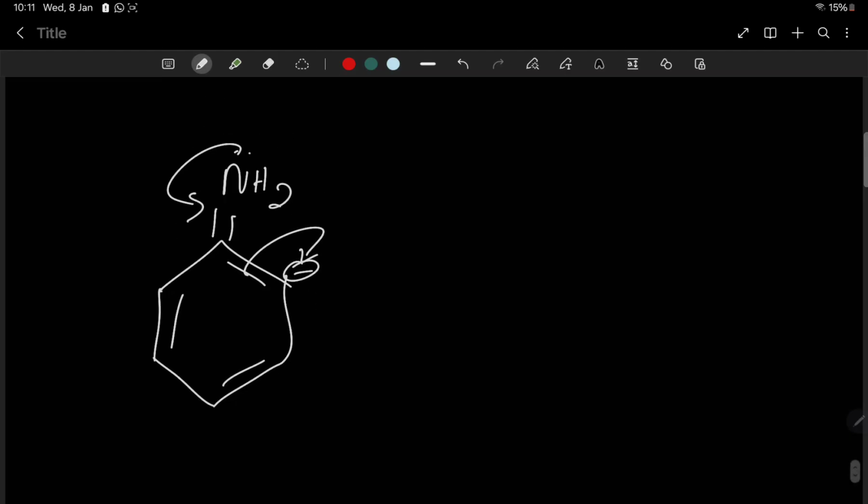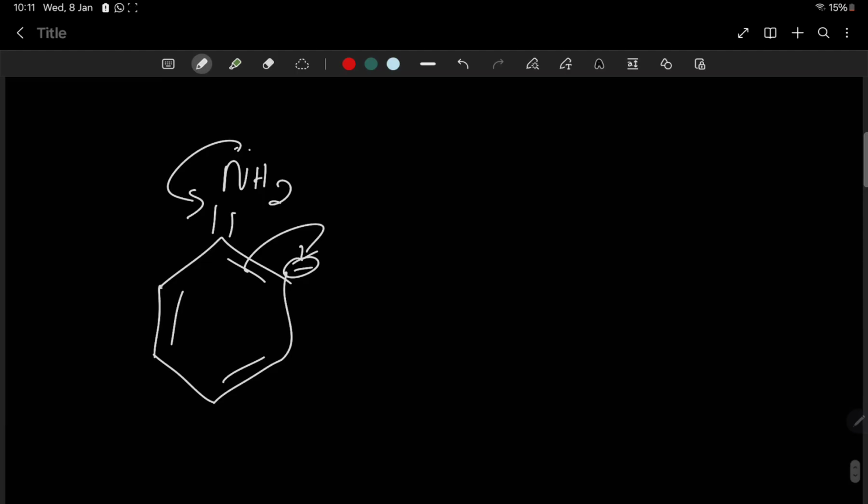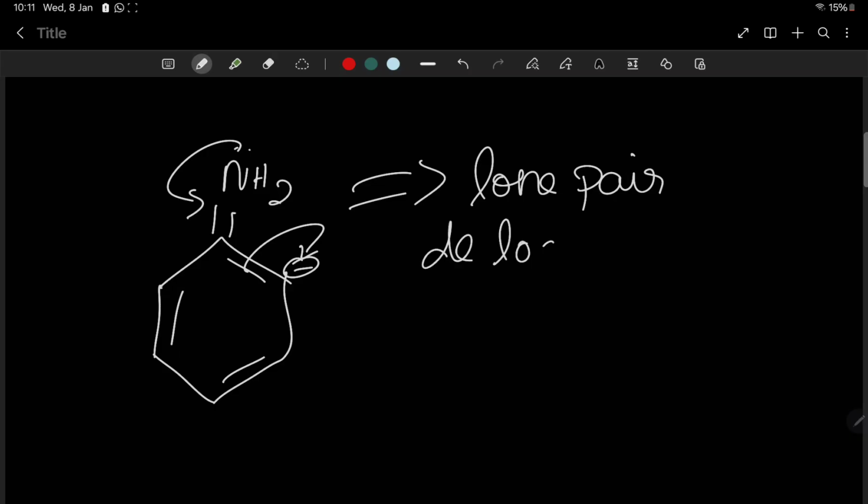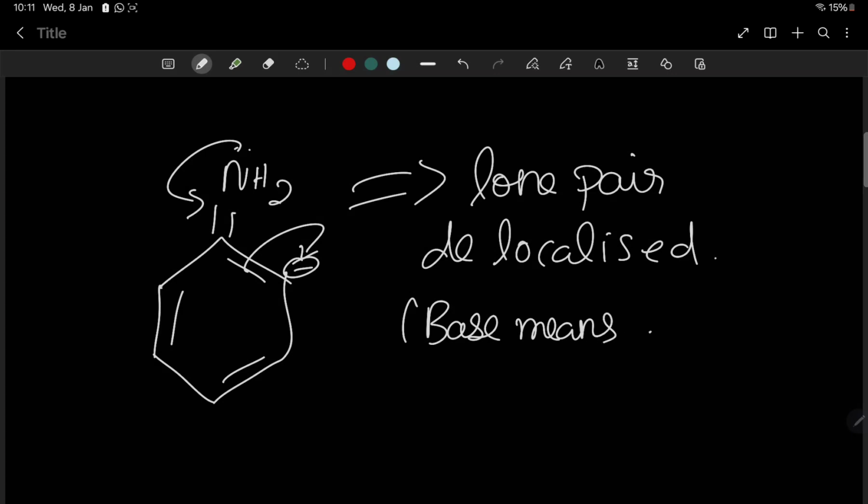The problem happening here is that the lone pair is delocalized. You know that a base means an electron donor. The electron pair that the nitrogen of the amine already had, which should have been shared and should have increased the basic character, is now inside a partial double bond.